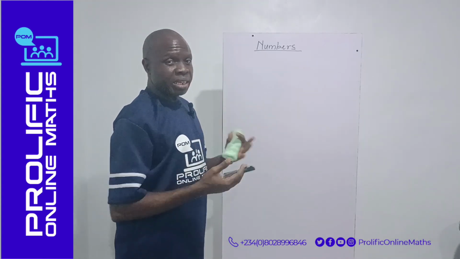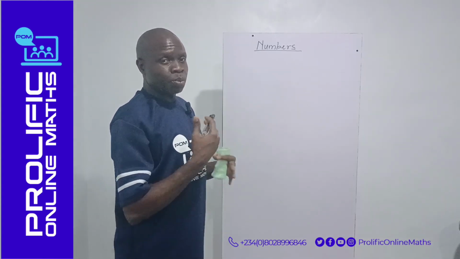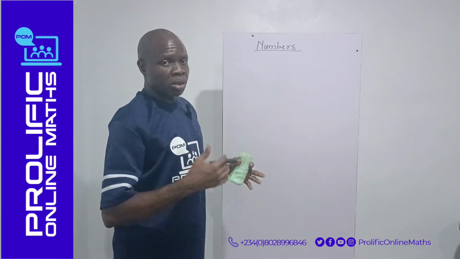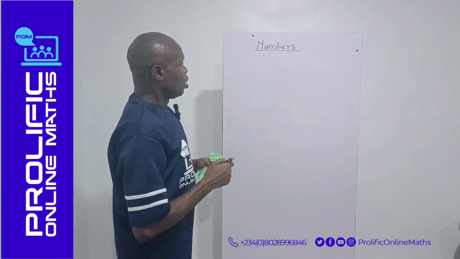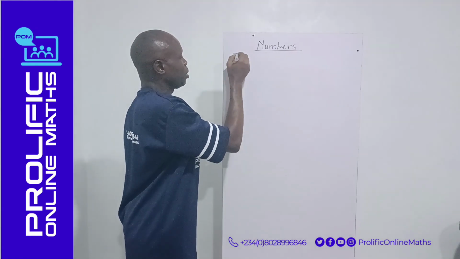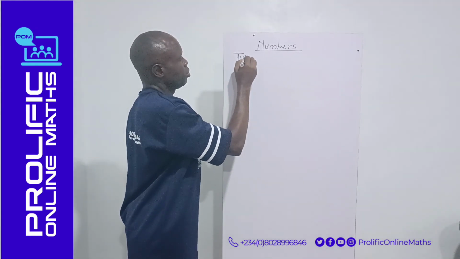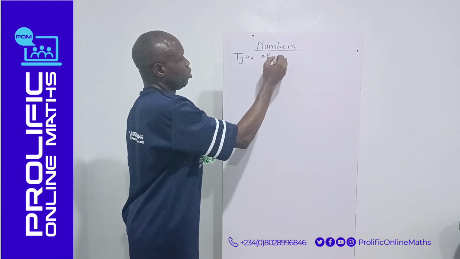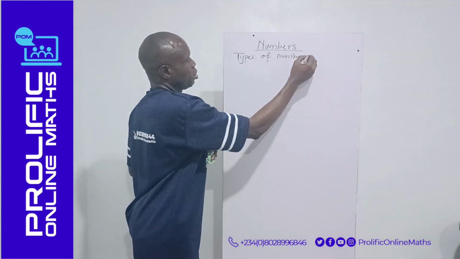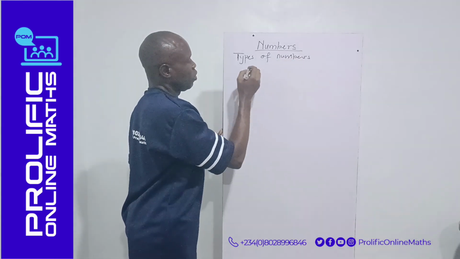We are going to be looking at them and explaining them one after the other, and putting them into practice on how they are being used. We have types of numbers. Let's look at the types of numbers.